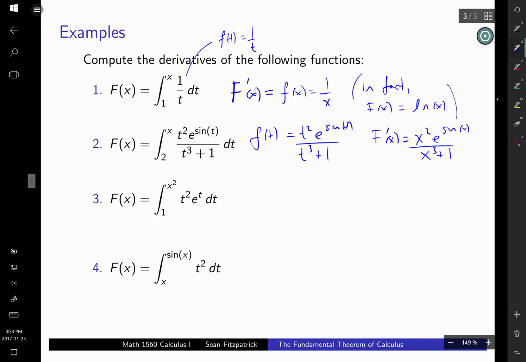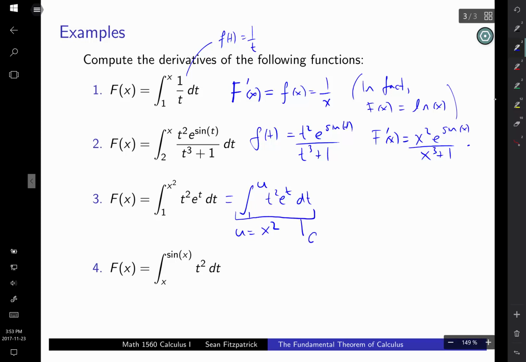x cubed plus 1. Okay, now for the next one we do have to be a little bit careful, because here what we have is something that looks like this, the integral from 1 to u of t squared e to the t dt, where u equals x squared. So this time you actually have a chain rule going on. You have composition.